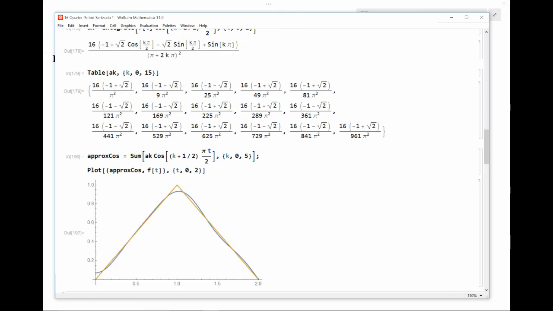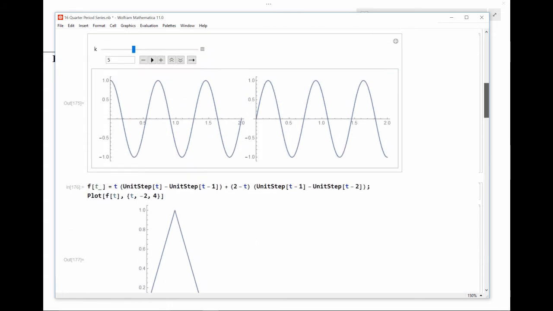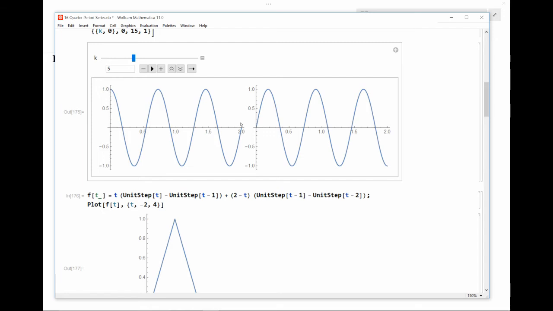I want to point out one property of the cosine series. It's always going to 0 at the right endpoint because every function in the cosine series goes to 0 at the right endpoint. And it has a 0 derivative at the left endpoint. And on the opposite side I have sine, which is always 0 at the left endpoint and always has a 0 derivative at the right endpoint.